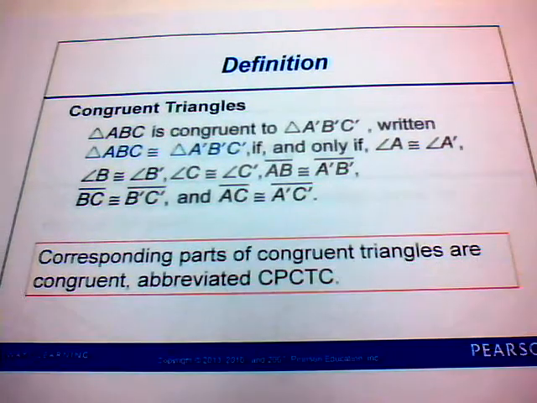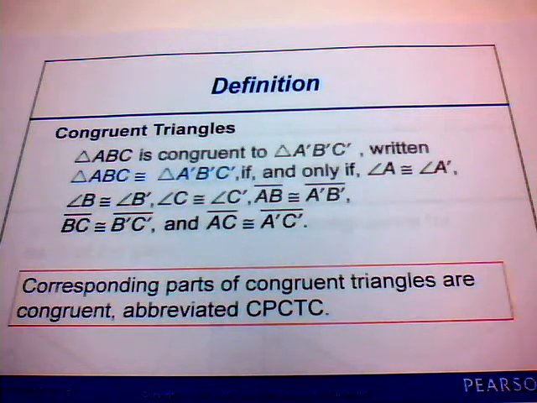Okay, let's look at congruent triangles here. Triangle ABC is congruent to triangle A prime, B prime, C prime, which is written as this.